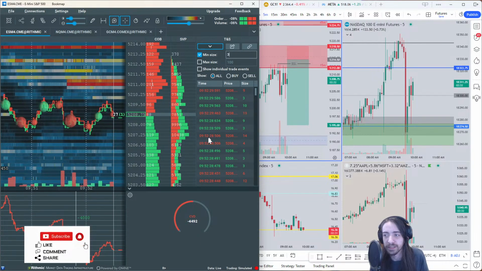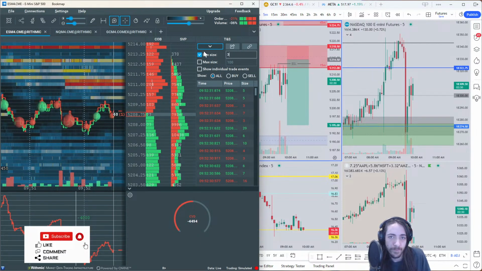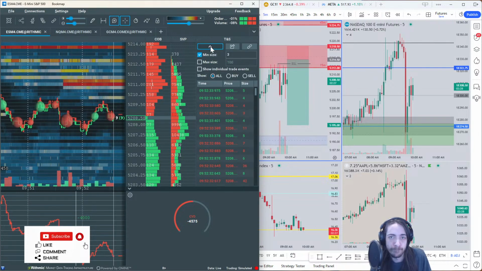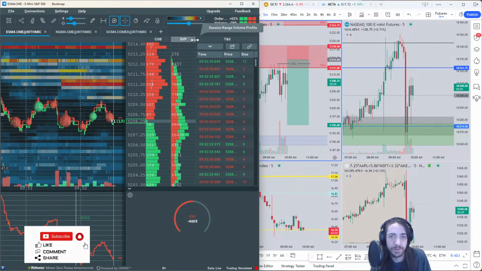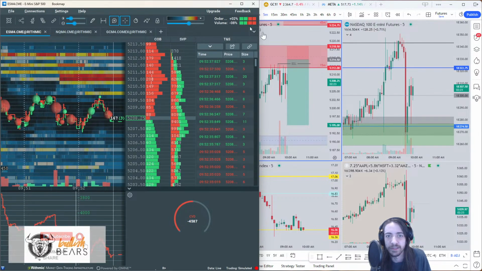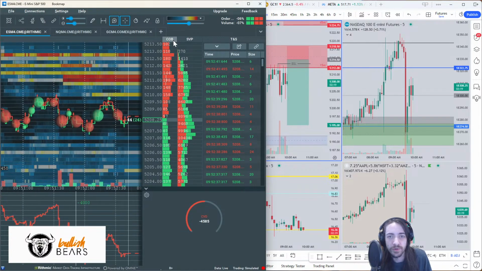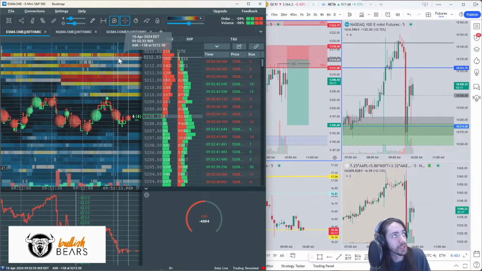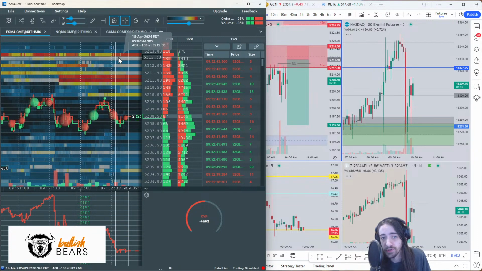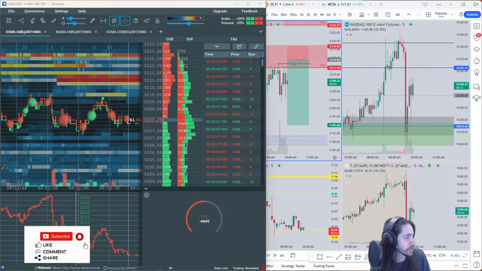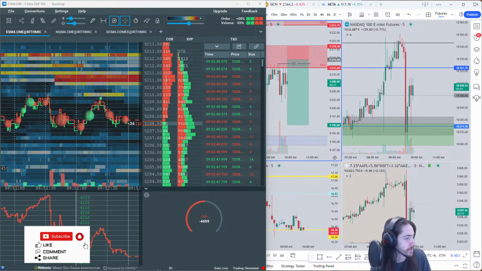We don't need this right now. Nice. But yeah, no, it's definitely super clean. Love Bookmap. Current order book, that is when we're looking at level 2, the level 2 order book. Let me see if I can just pull it up, show you guys.